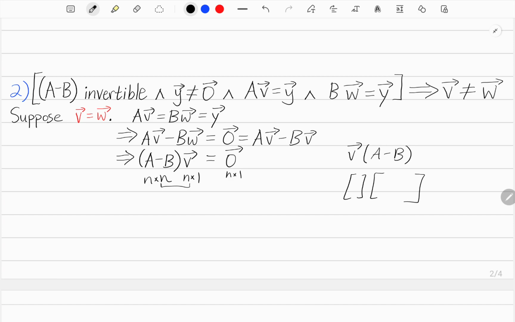You cannot multiply something like that, unless I transpose V to become a row vector times a square matrix. That is doable, because we'll be left with a 1 by n and n by n. The result is going to be a 1 by n row vector.